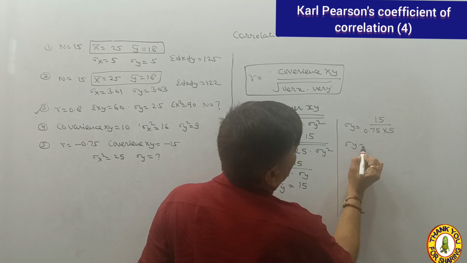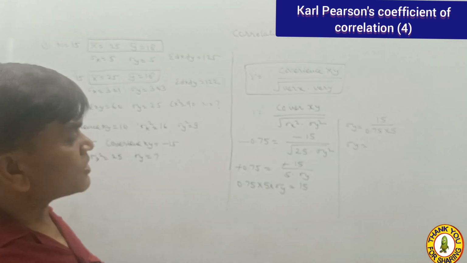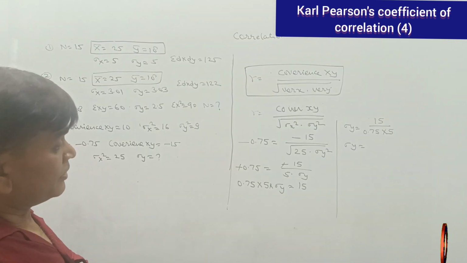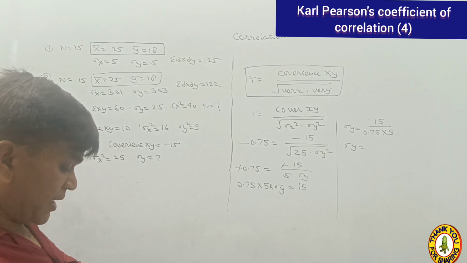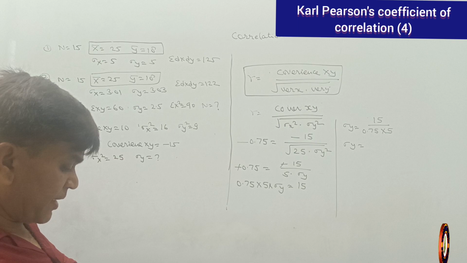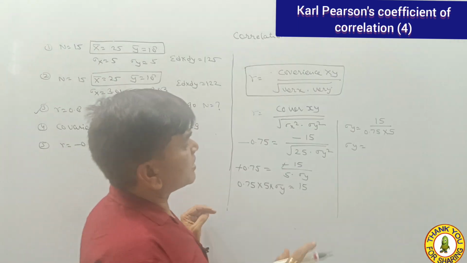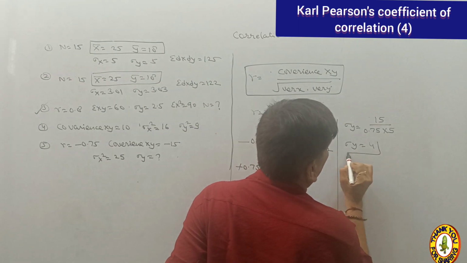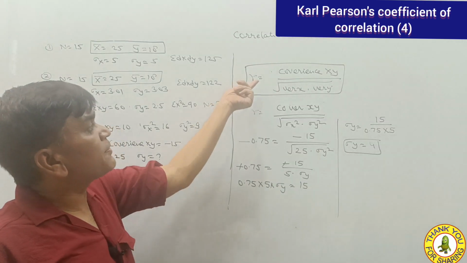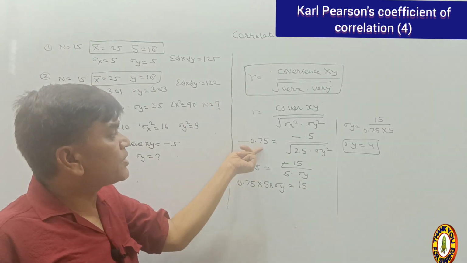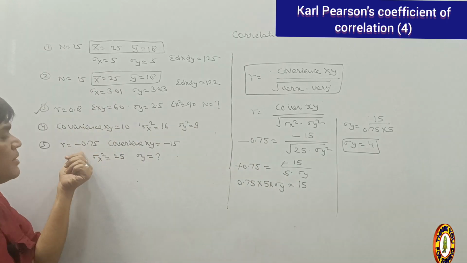So standard deviation of y, 15 divided by 5 divided by 0.75, so value is 4. So standard deviation y is 4. So easily we have calculated. The very first, we put the value of 0.75, the value of r is given.